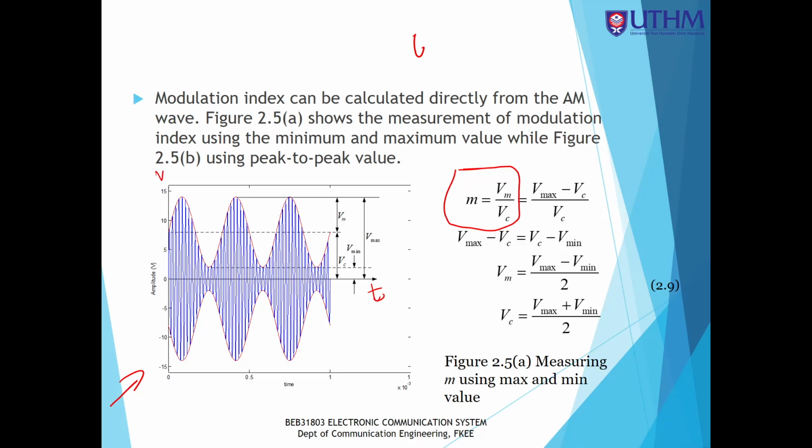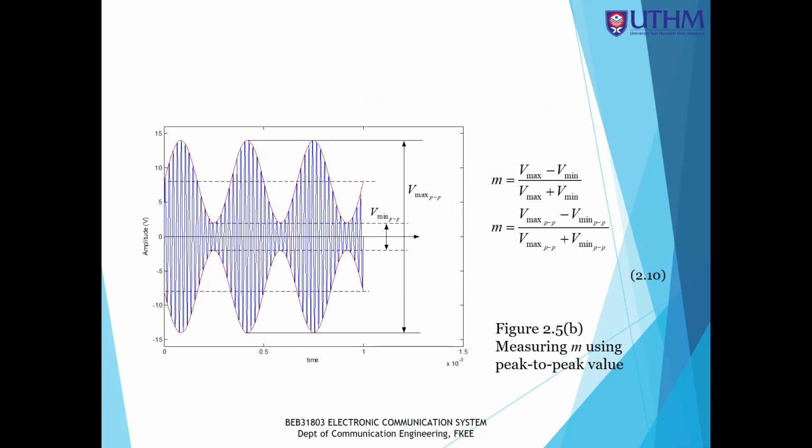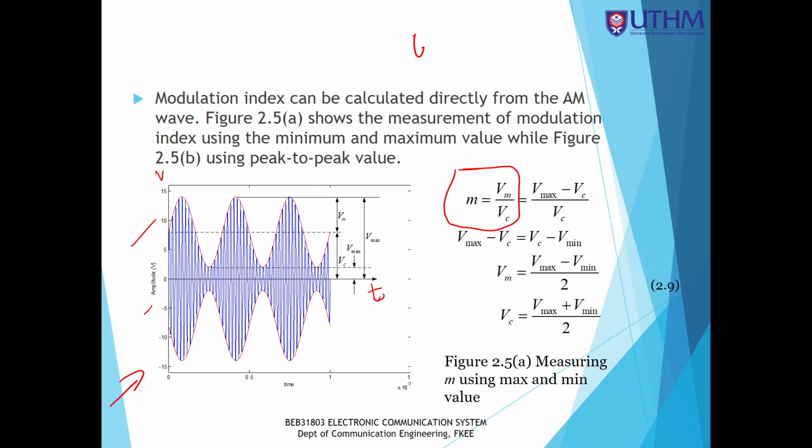Okay, so you see that for the double sideband full carrier signal, the AM signal looks duplicated up and down, upper side and down side. Okay, seolah-olah dia macam duplicate, as if there's a mirror over here. Okay, seolah-olah macam ada cermin di situ yang mana dia ada bahagian negative side. There's a positive side and there's also the negative side. Okay, so Vmax over here.